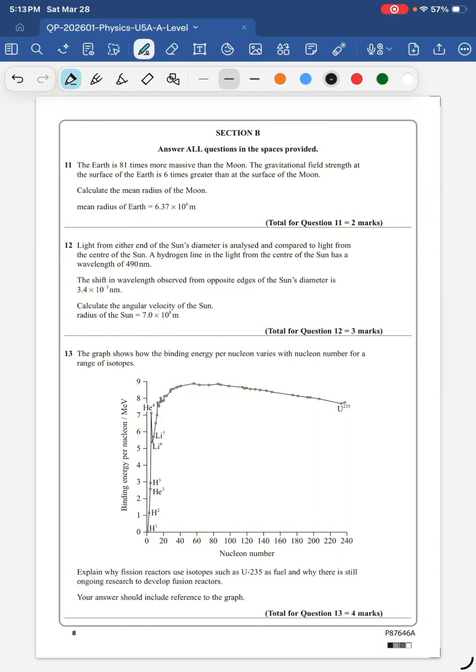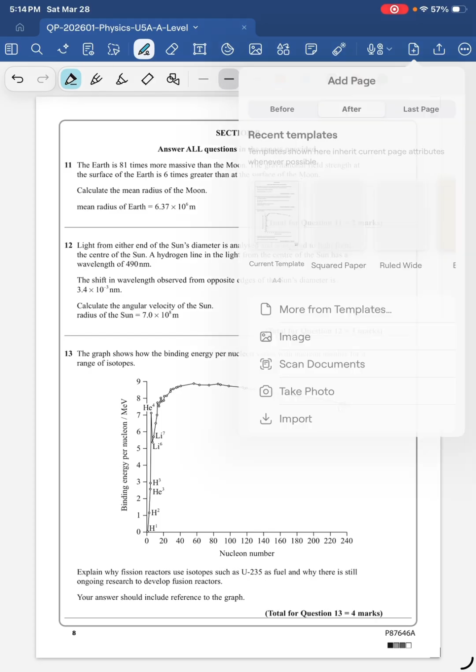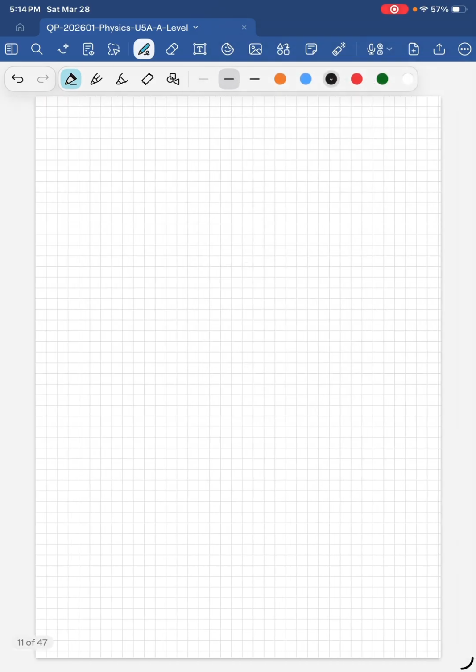Question 11. The Earth is 81 times more massive than the Moon. The gravitational field strength at the surface of the Earth is 6 times greater than that at the surface of the Moon. Calculate the mean radius of the Moon, and they give you the mean radius of Earth. So let's start a clean page.